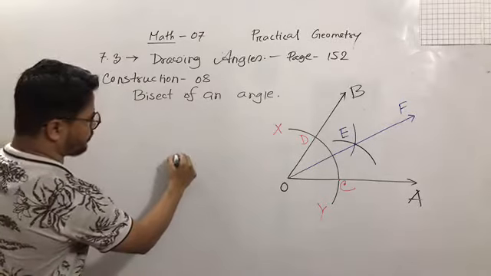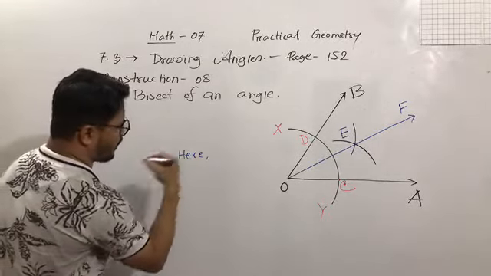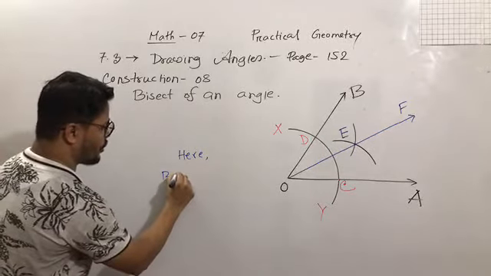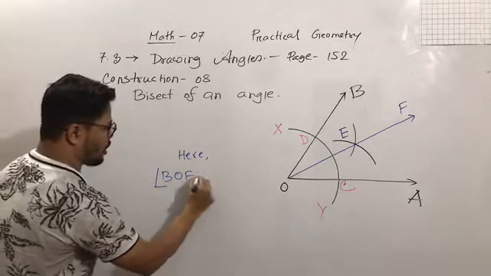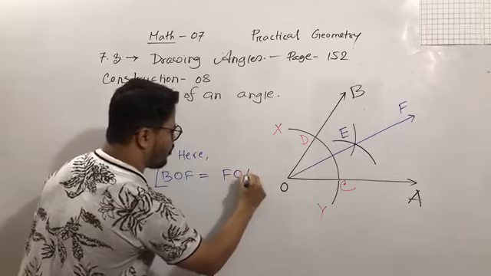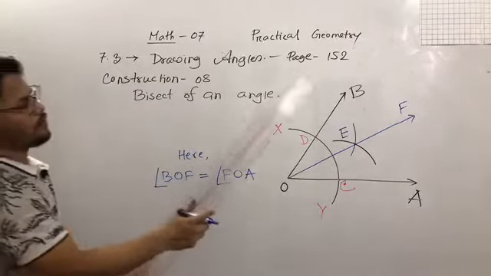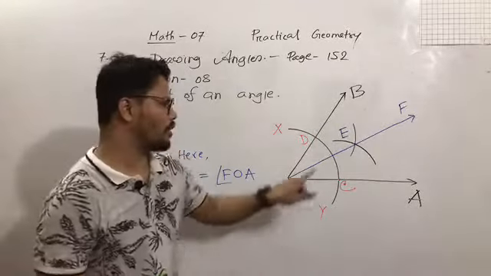Here angle BOF equals angle FOA. That is the previous angle bisected. That means two equal portions.